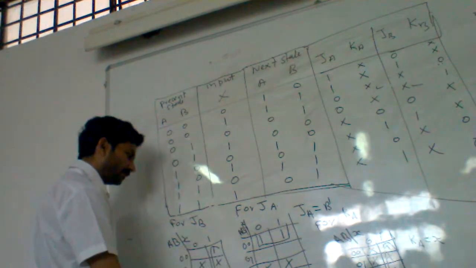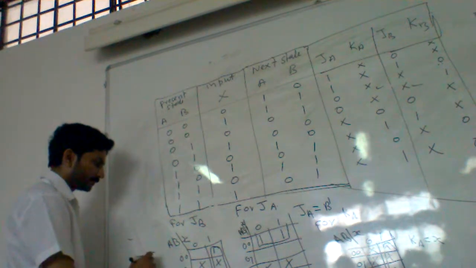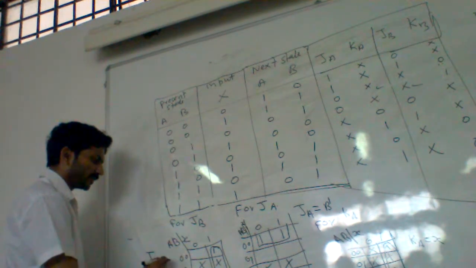Again this is a group. So JB is equal to X.